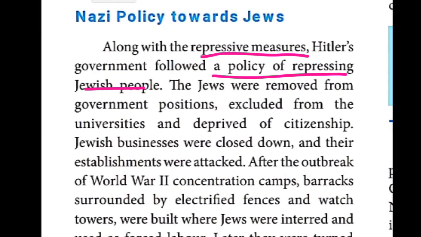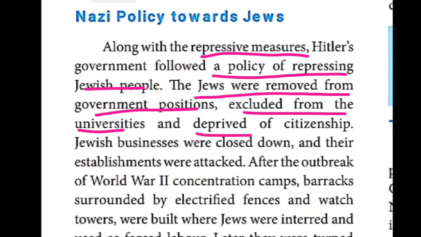The Jews were removed from government positions, and moreover they were excluded from the universities. They should not work in the universities. Moreover, their citizenship was even deprived. Deprived, what is the meaning? Usurped, taken away. Deprived of citizenship.